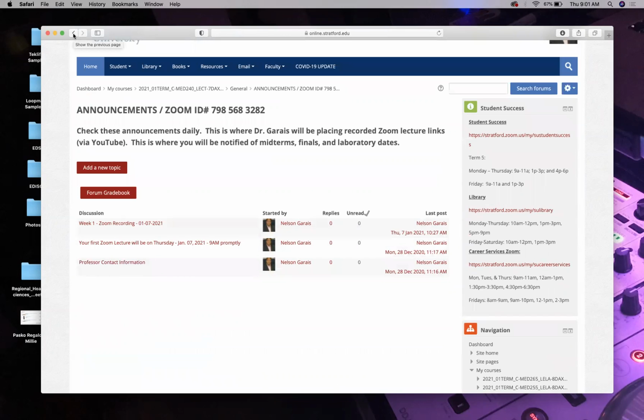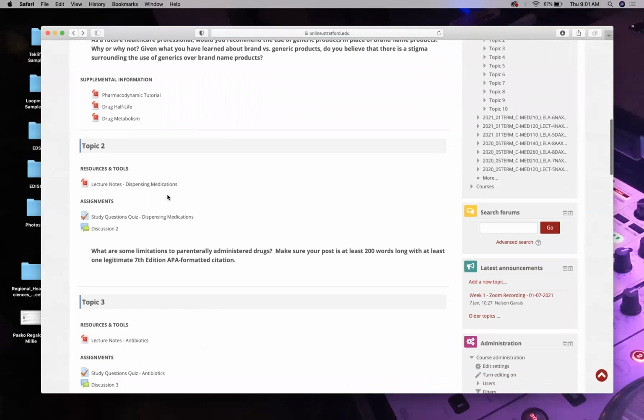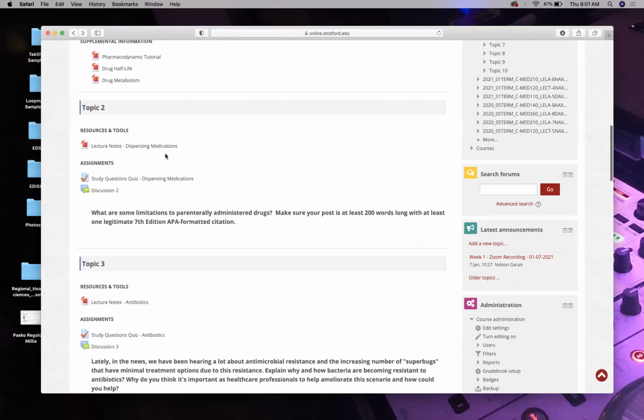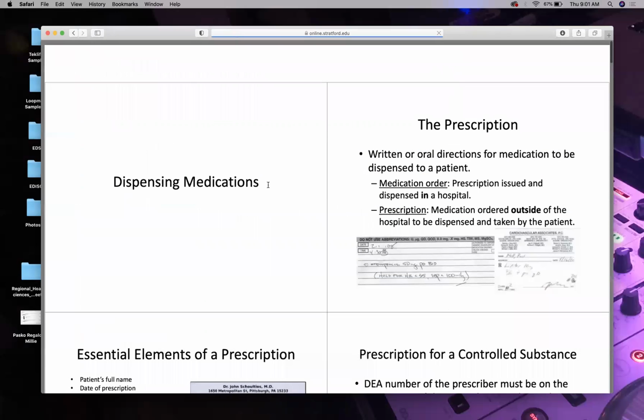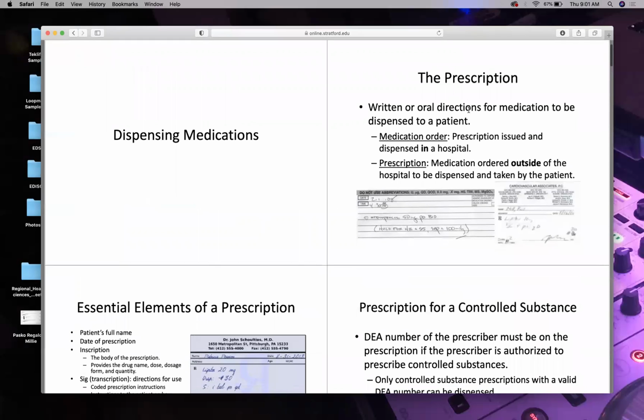This is week 2. And let's see what's cooking. So for this week, we have to talk about how we dispense medication. If you look at this, the way we dispense medication, there has to be an order.